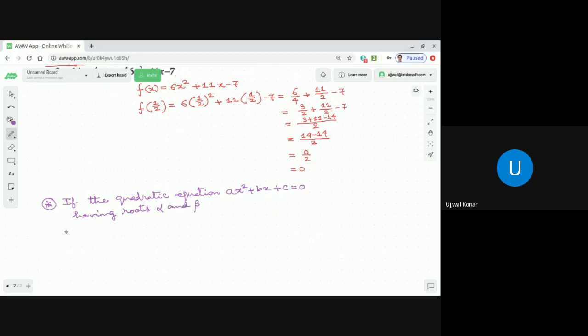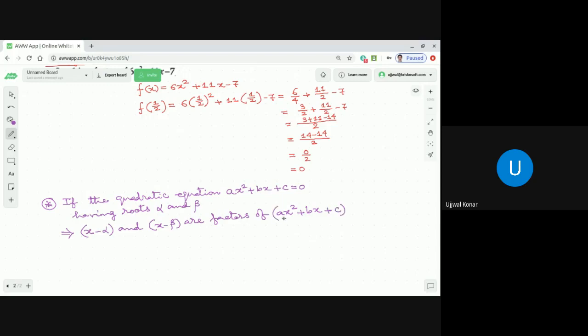What we can conclude is that x minus alpha and x minus beta are factors of ax squared plus bx plus c.